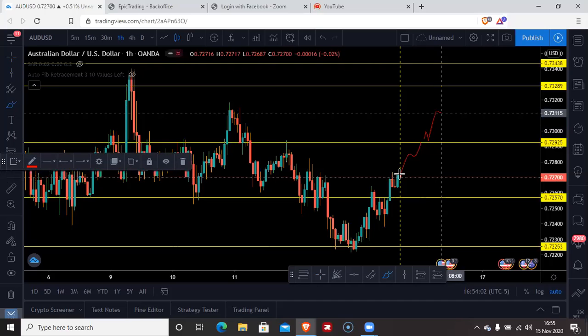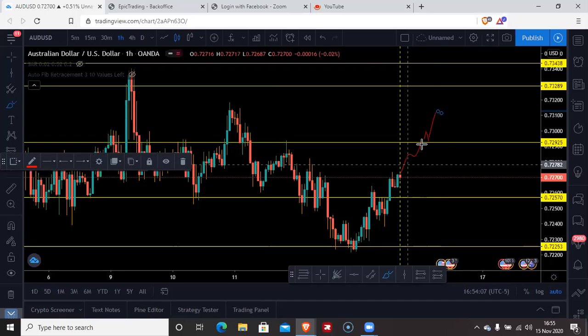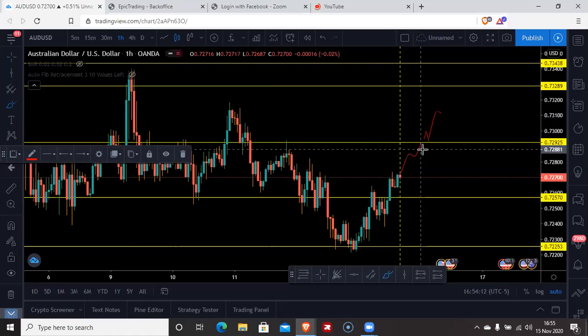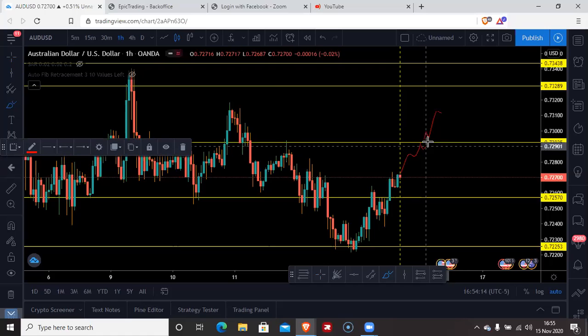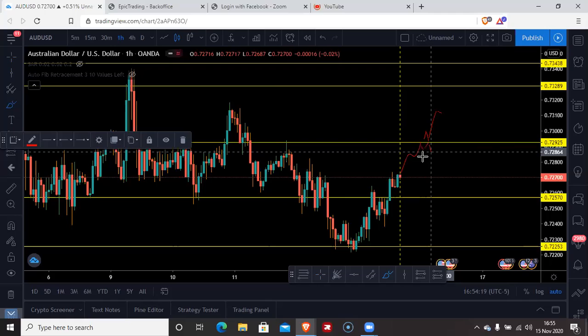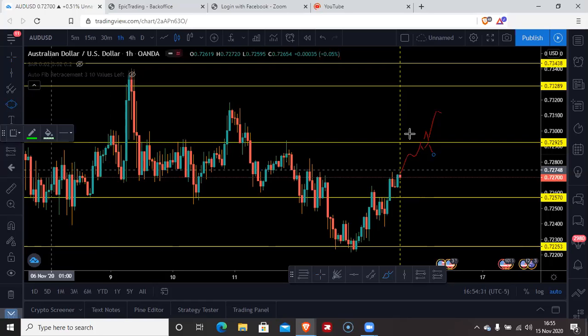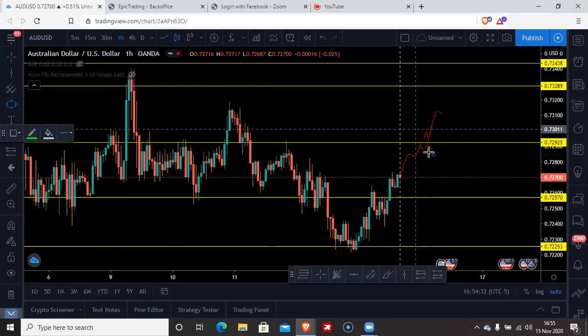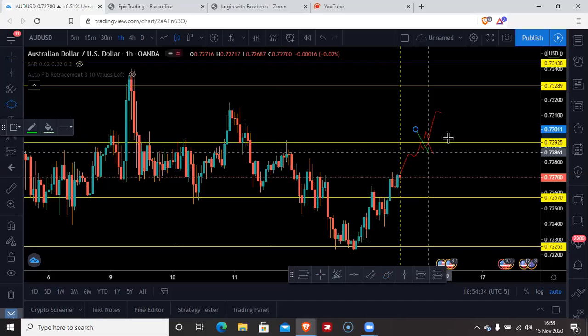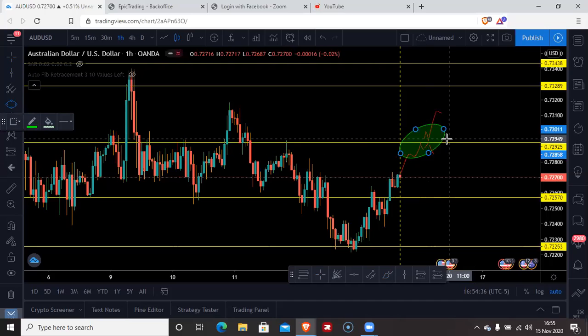Or when it gets here, it can reject, retest, and come back down to the zone. So that's scenario one.